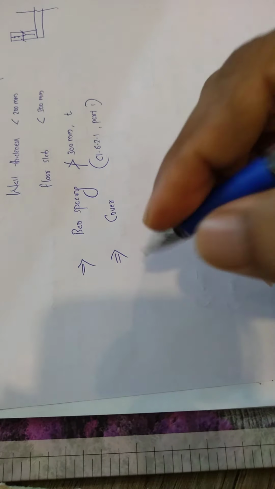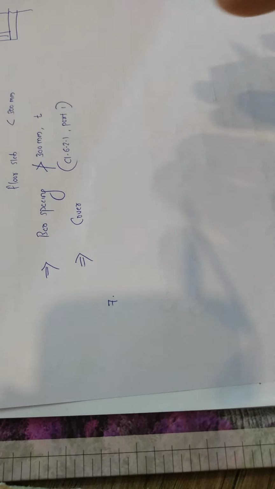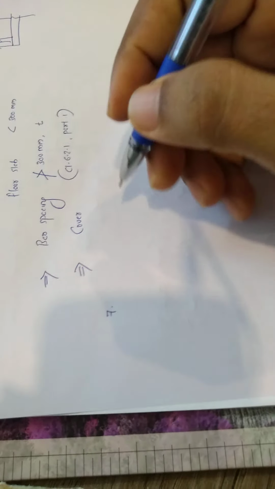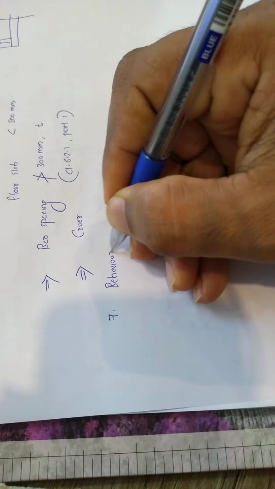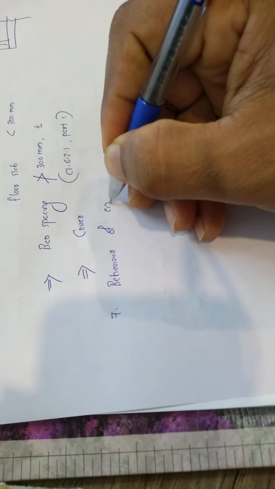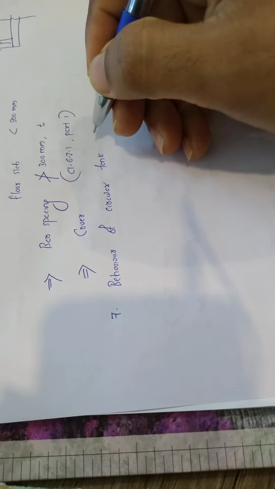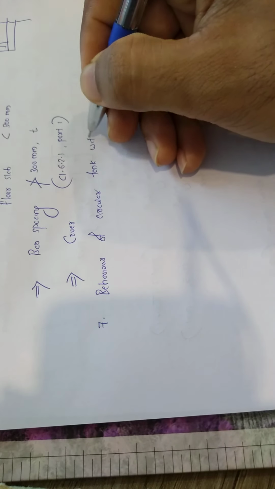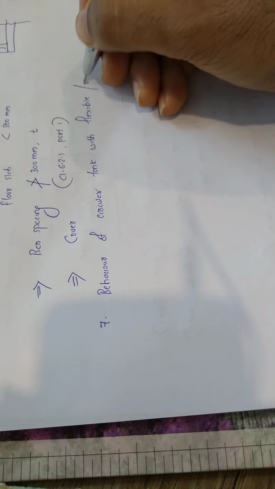So the next point that we need to discuss before going on to the design of tank is the behavior of circular tank with flexible as well as rigid joint.